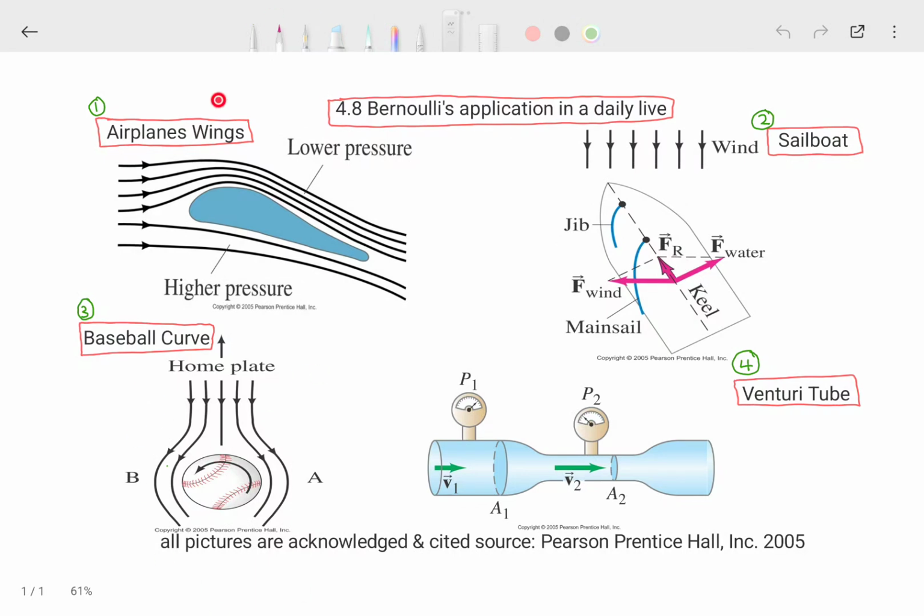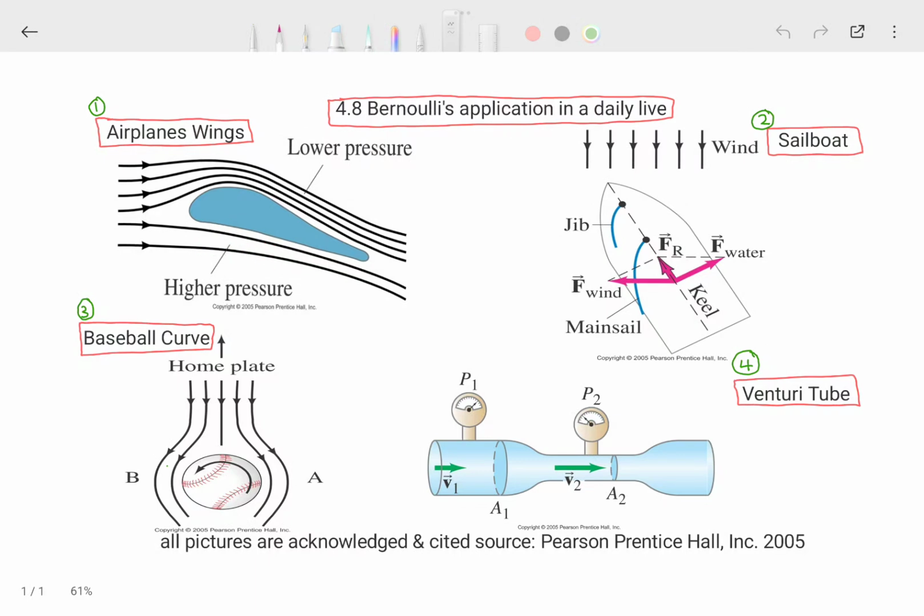The lift on an airplane wing is due to the different air speed and pressure on the two surfaces of the wing, on the top and bottom of the wing.